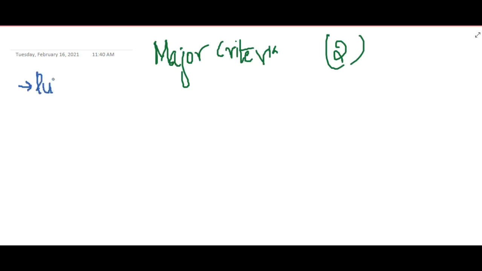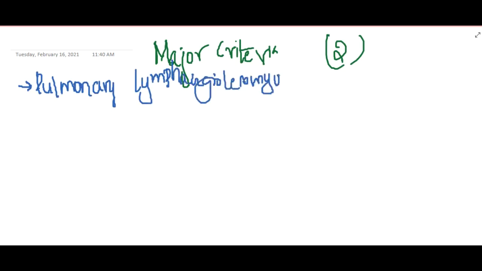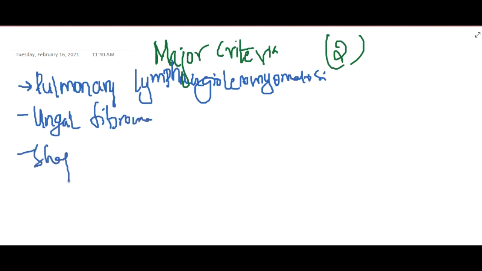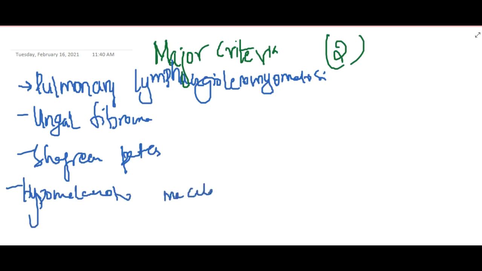Then, the major criteria for tuberous sclerosis are many, and among them at least 2 are needed to satisfy tuberous sclerosis. One, the patient can have pulmonary lymphangioleiomyomatosis. Then there can be ungual fibroma, Shagreen patch and hypomelanotic macules, and cardiac rhabdomyoma.